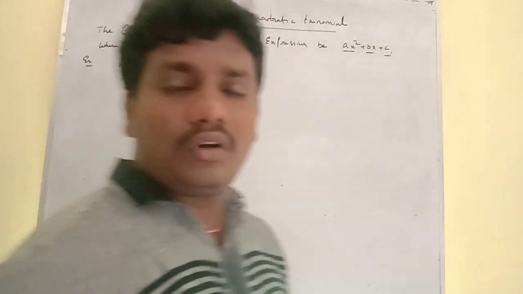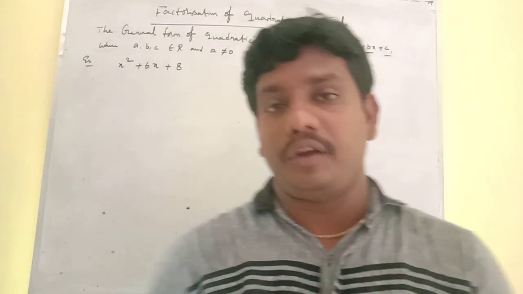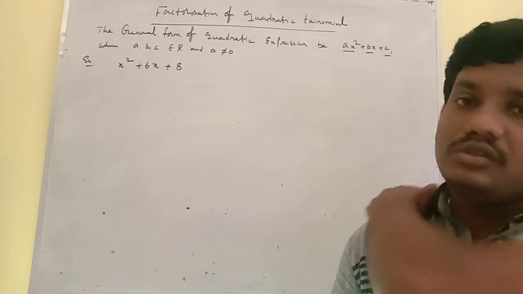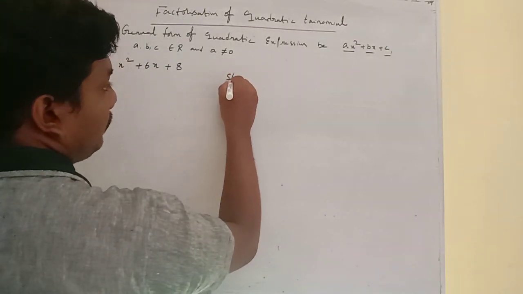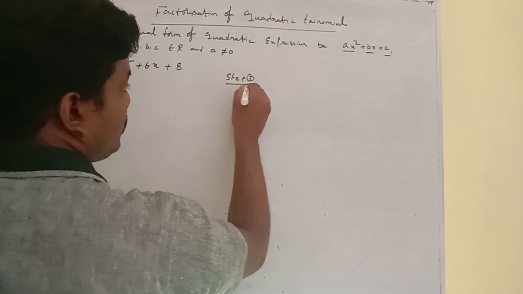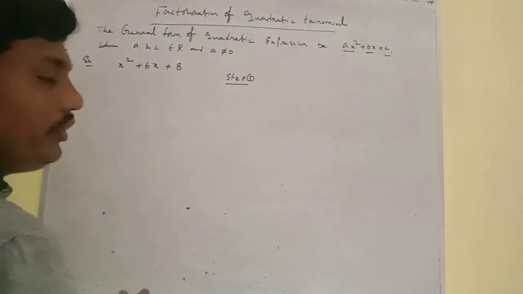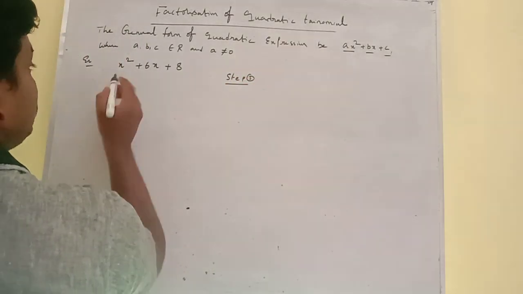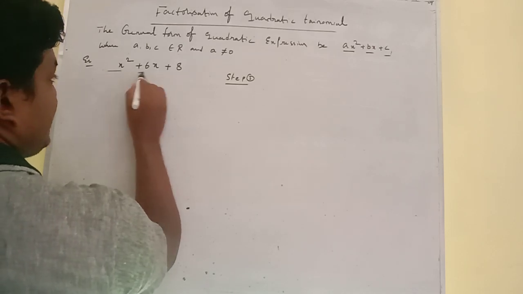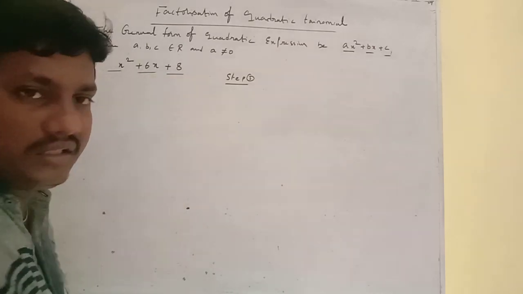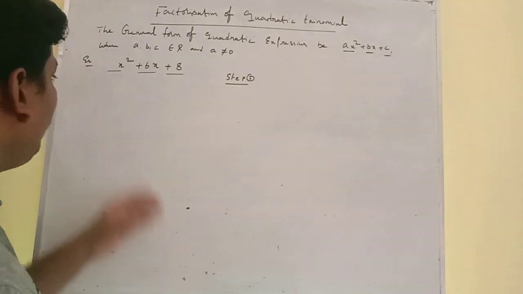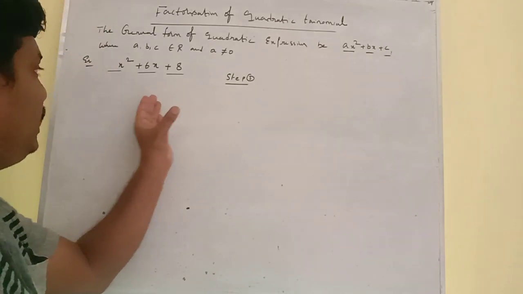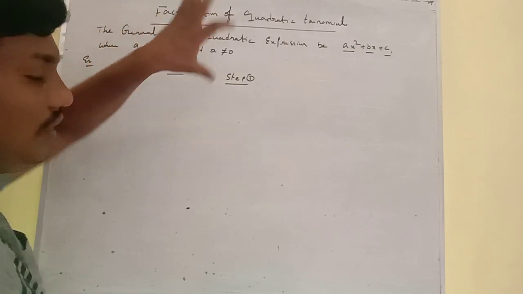Taking this quadratic trinomial, I am going to explain step by step. Step 1: identify the terms. First the x square term, the 6x term, and 8, which is the constant term. Having identified the three terms, we first multiply the x square term and the constant term.